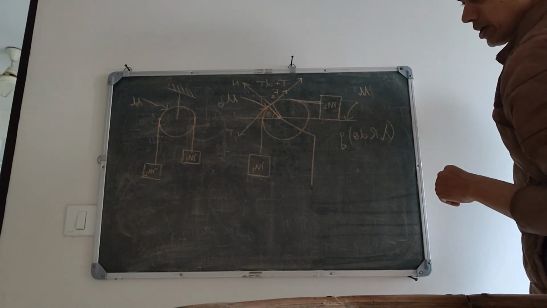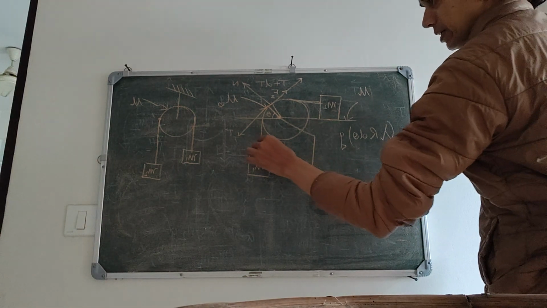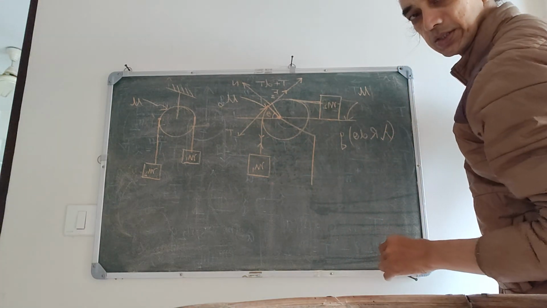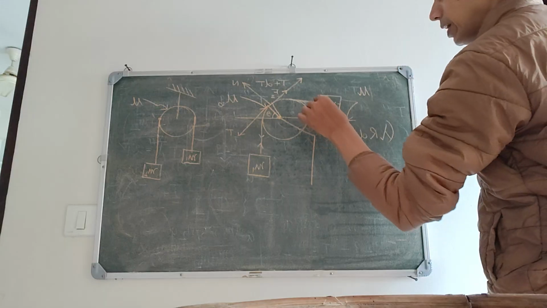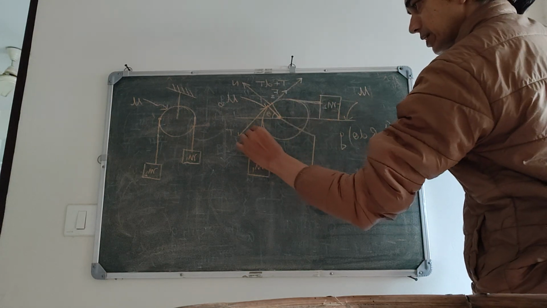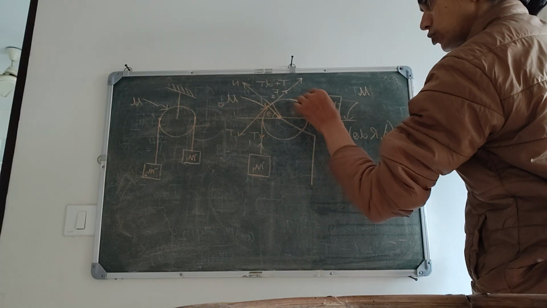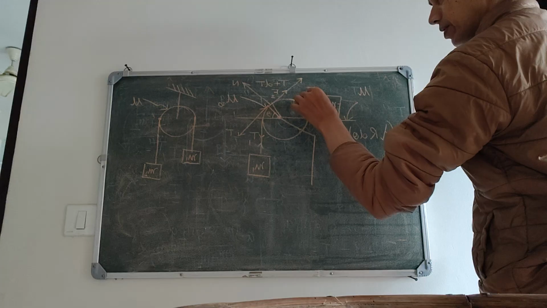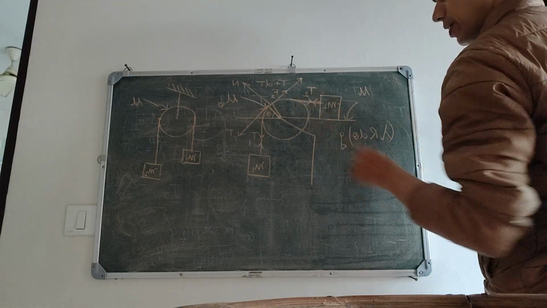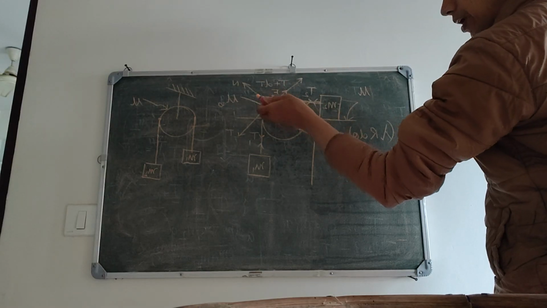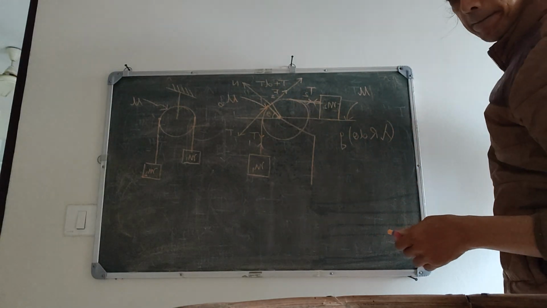Then it can be said from here that the tension on this part is T equal to mg, and if we mark the tension on this part as T1 and this as T2, then from T1 to T2 the tension is varying over the pulley.